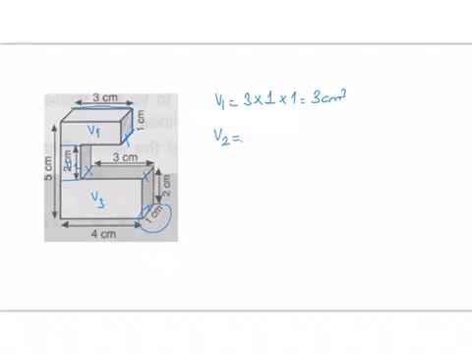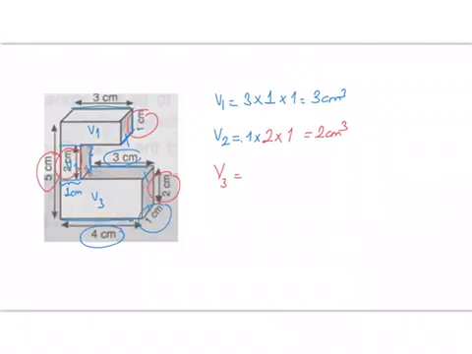For V2, you see that this part is 4 centimeters and this is 3, so the rest, this part, will be 1 centimeter. 1 times the height, I have 2 here, 1 here, 3, so the total height is 5, so I have 2 centimeters given already here, times the thickness, which is equal to 1, so 2 cm³.